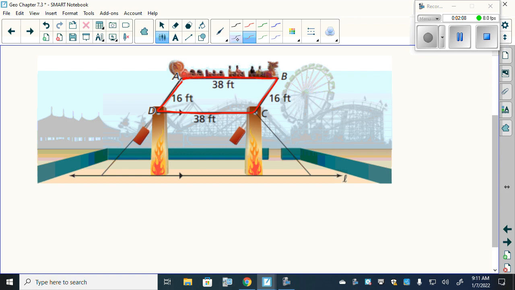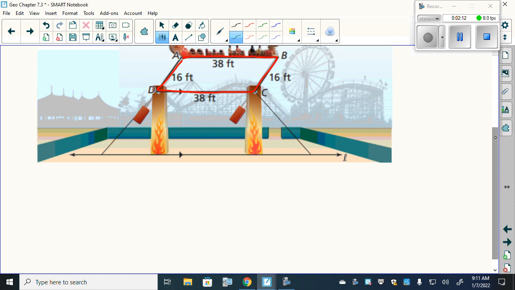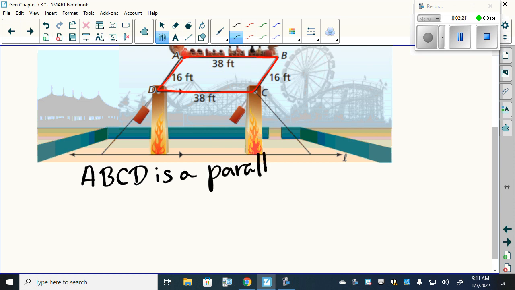Well, can we say that it's a parallelogram? ABCD is a parallelogram.